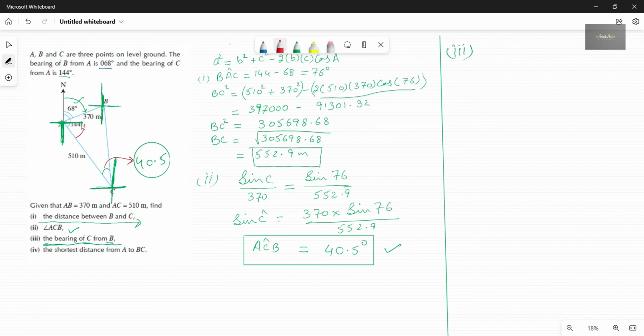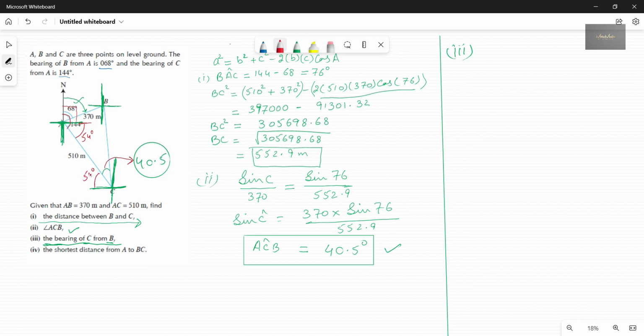It's easier to find because the bearing angle is 144, and then you will subtract 90 from it, so this angle will be 54, right? If the AC line is making a 54-degree angle with the horizontal line, then this angle will also be 54.